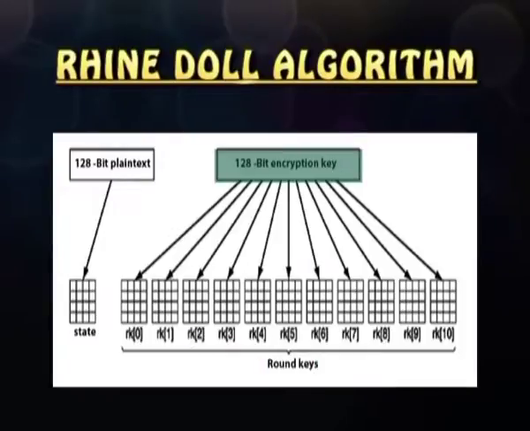Then XOR operation is performed with the first key. Then substitution, rotation, mix function and adding of round key operations are performed with the rest of the 10 states of the key.